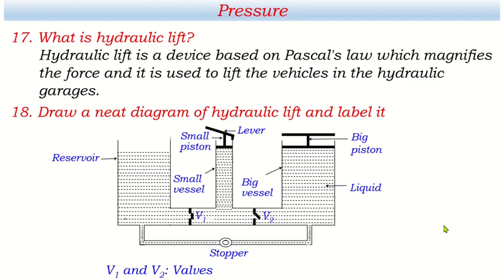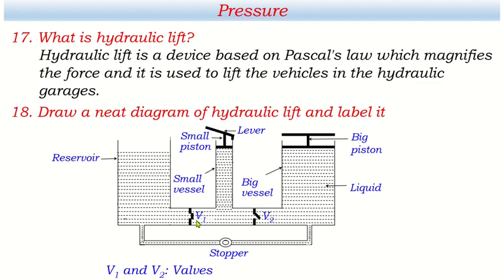This is diagram only, and different paths are also shown. But how does it work? Whenever we have to raise a vehicle that is placed on this platform of the big piston and the lever is pushed downward, it exerts pressure in the liquid, and this pressure transmits in all directions. On the left hand side valve V1 remains closed because it opens only to the right hand side.